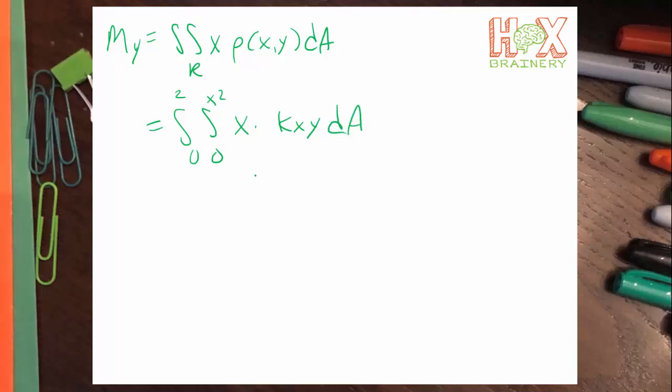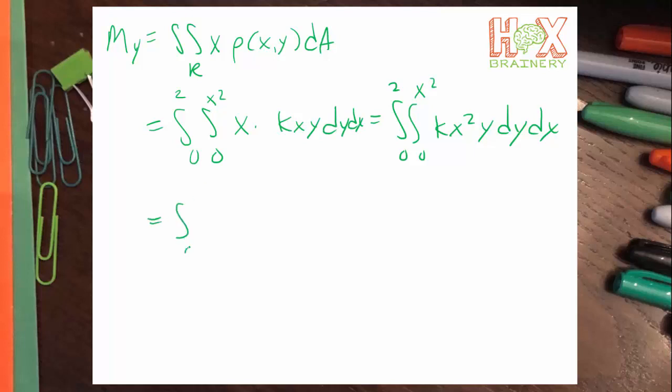So you get this here. You're going to have to clean this up before you can integrate: 0 to 2, 0 to x squared, kx squared y, dy dx. Actually, I kind of made a mistake. Got to switch this over. That should be dy dx. There we go. All right, back on track.